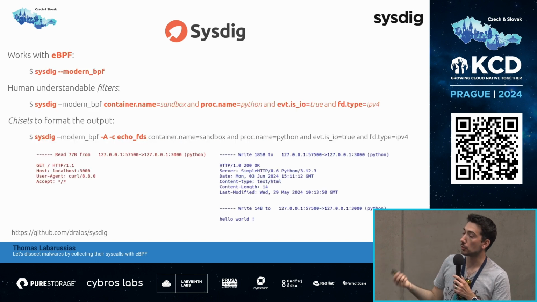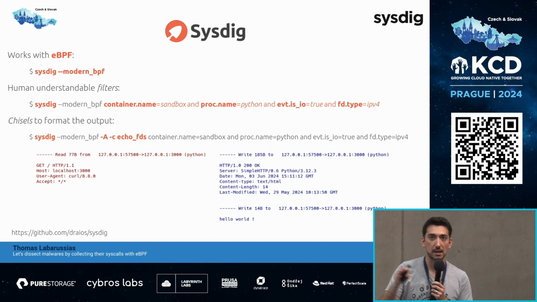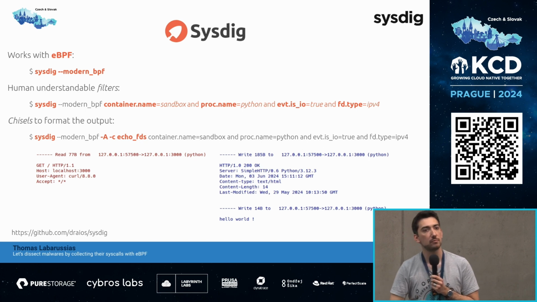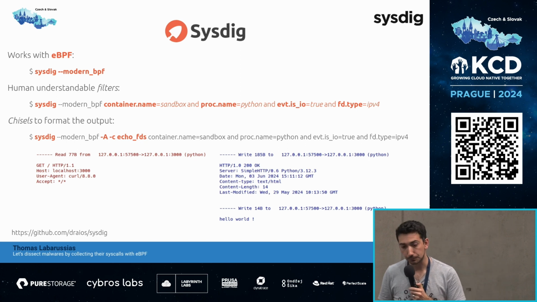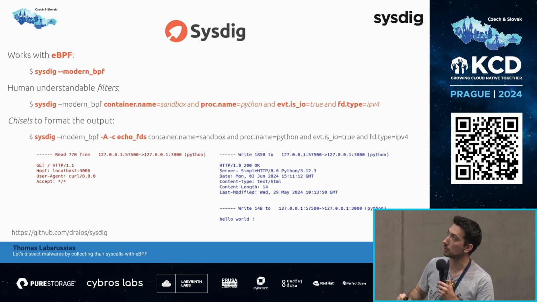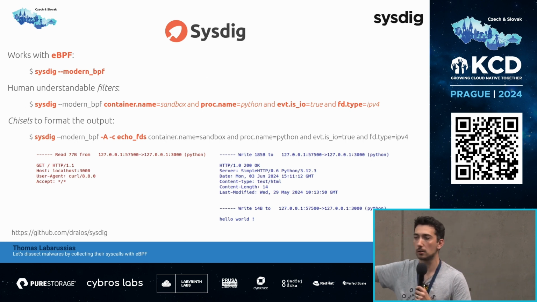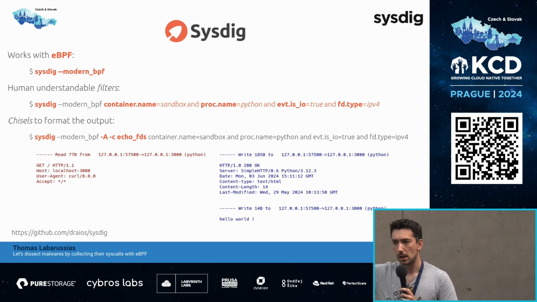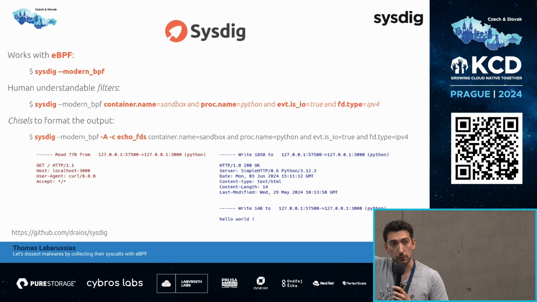With that command, you will see exactly what we had in that snippet. But sysdig introduces what we call chisels. Chisels are the way to basically format the output to get nice visualization of the syscalls. For example, with the exact command before, scoped to the network I/O for the program Python inside the container named sandbox, and I use the chisel echo_fds, I can get that view quite easily.